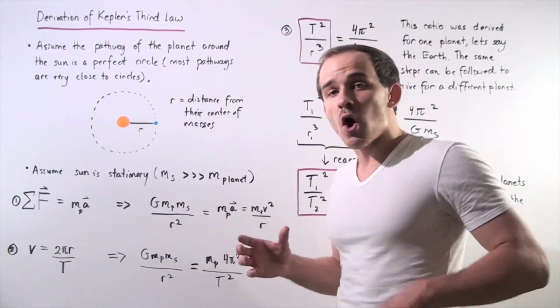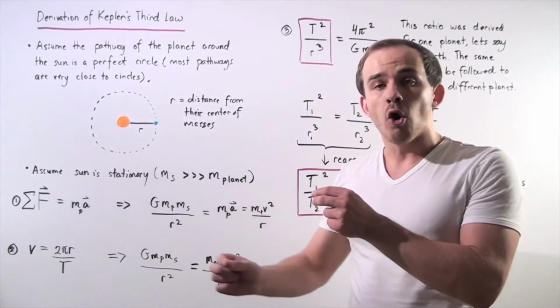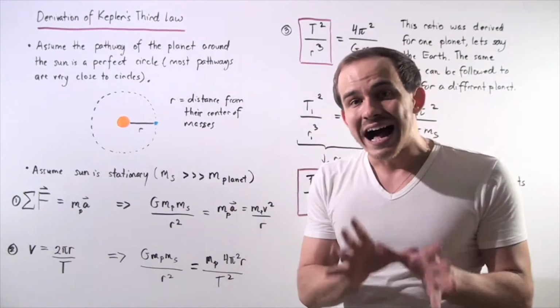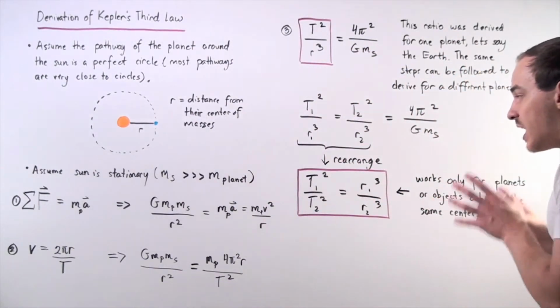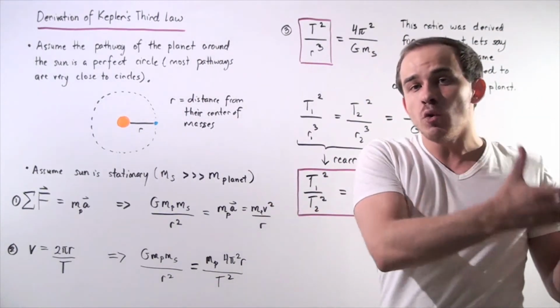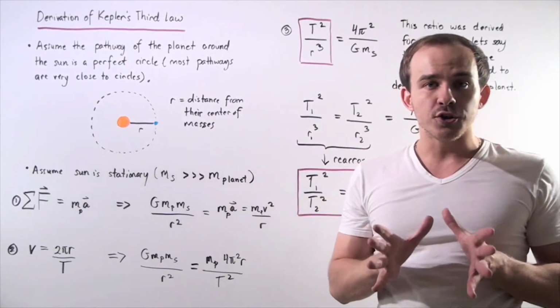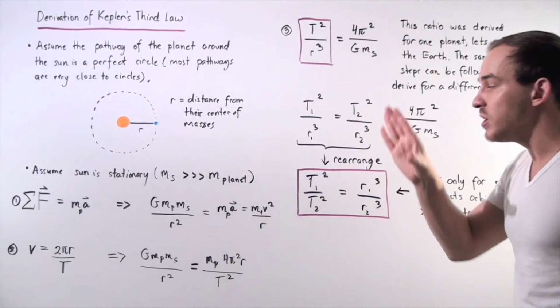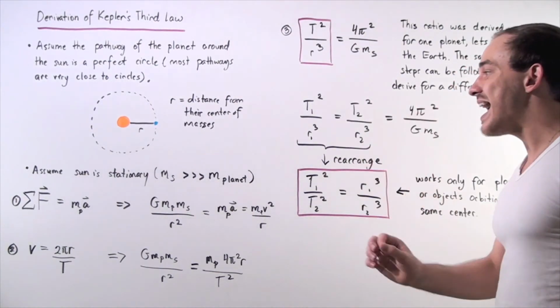But if I want to talk about the way the moon orbits the Earth and the way the moon orbits Jupiter, I cannot use this equation because the center of masses are different. For one, we have Jupiter, for the other, we have Earth. So this only works when the center of mass of our two planets or objects are exactly the same.